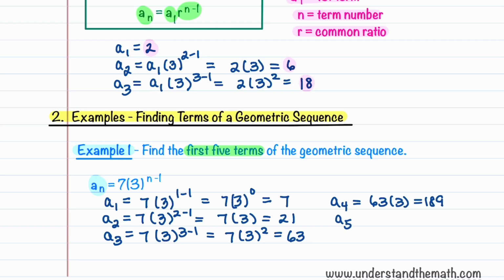And then a5 is going to be 189 times 3, which is, using your calculator, or go ahead and do it by hand, 567. Our first 5 terms are then 7, 21, 63, 189, and 567.